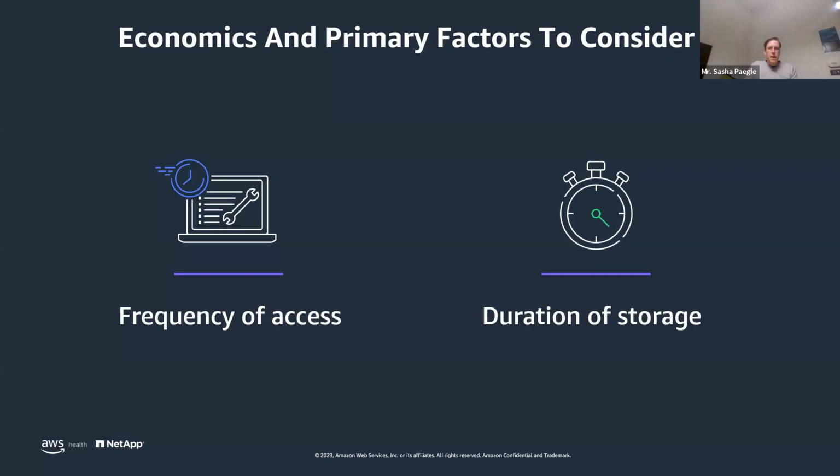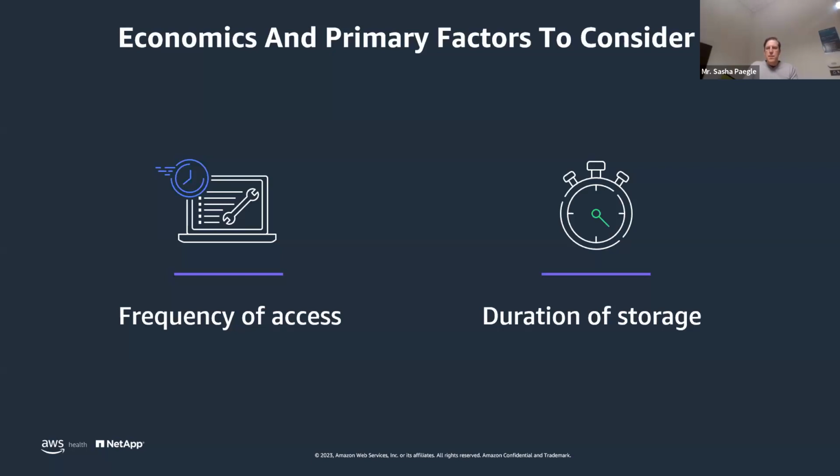Typically, those supporting use cases where images are accessed very frequently have a high cost to store. But what's also important is this concept of API access retrieval charges.